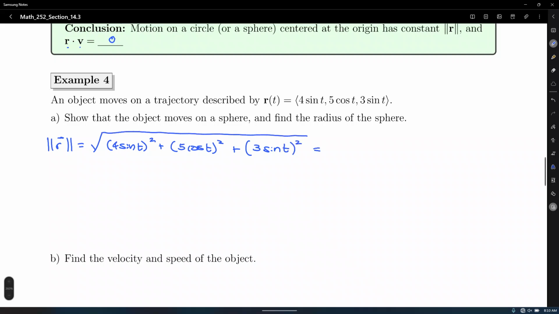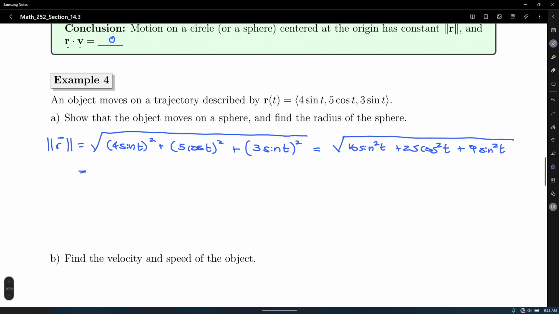All right, what's that going to give us? Well, that's going to give us 16 sine squared t plus 25 cosine squared t plus 9 sine squared t.